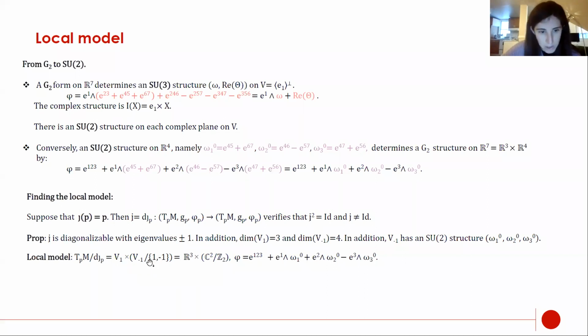On the eigenspace associated to -1, the involution acts by -1. So we can view V1 as R3 and V minus 1 as the complex plane quotiented by Z2, just because V minus 1 has an SU2 structure. And one can write the 3-form phi according to the pairing of the standard basis of R3 and the SU2 structure on this complex plane.